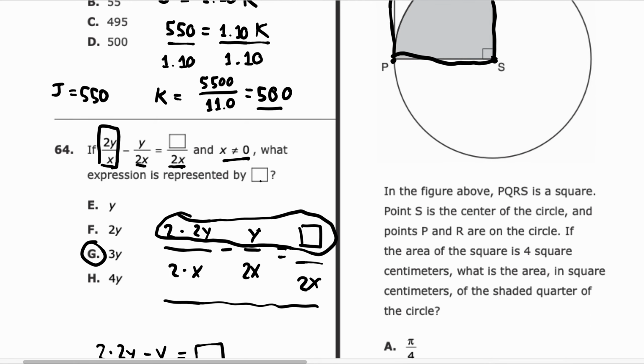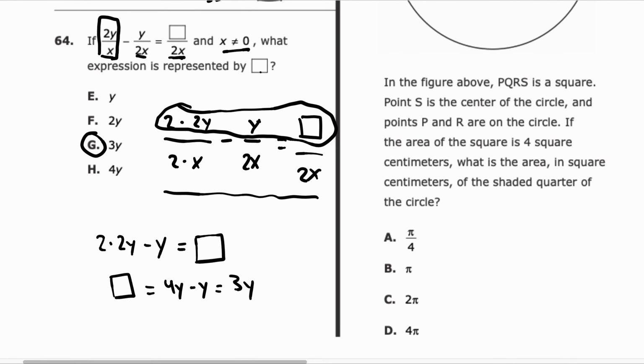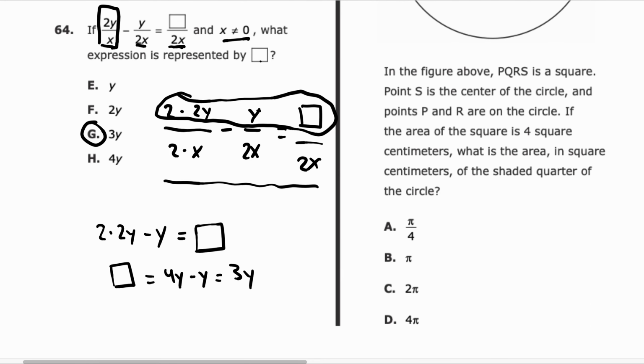Now, if the area of the square is 4 square centimeters, so we know that the area of PQRS is 4 square centimeters. What is the area in square centimeters of the shaded quarter of the circle?